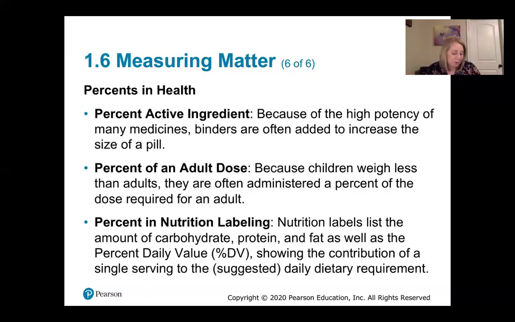Nutritional labeling will tell you how many grams of carb or protein or fat, but a lot of people don't think about this. How many grams of protein should I have? And so we convert that to a percent daily value, and it shows how much you should get percent wise. And that's easier for people to understand in terms of a dietary requirement rather than grams. People just don't think about that, right?